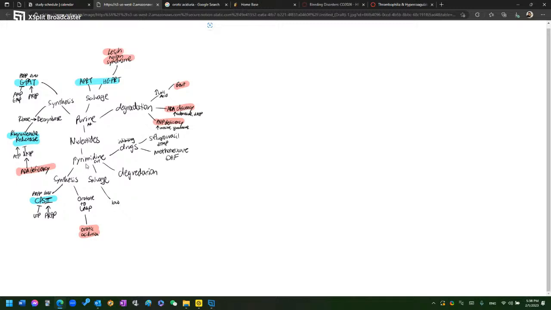for purines and pyrimidines, you have to create your UMP, your CMP, your TMP, and then you need to change those to dUMP, dTMP, etc., using ribonucleotide reductase. So if you don't even get the first step, you get Lesch-Nyhan or orotic aciduria.